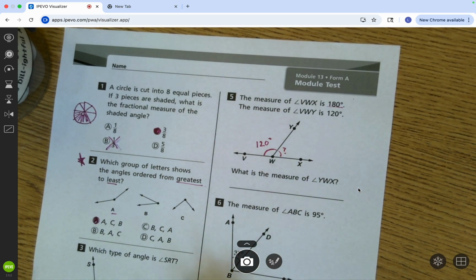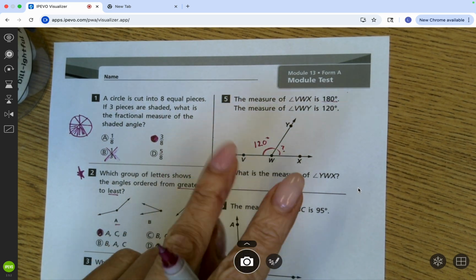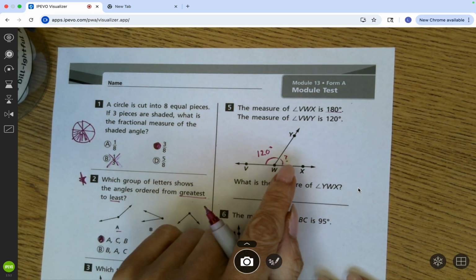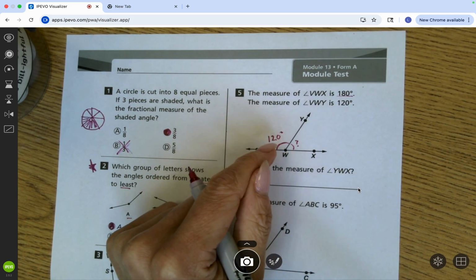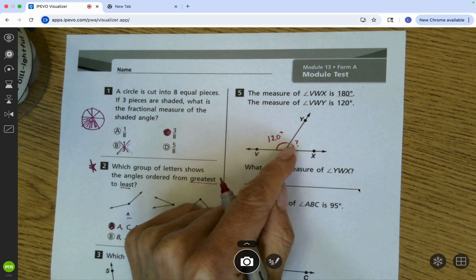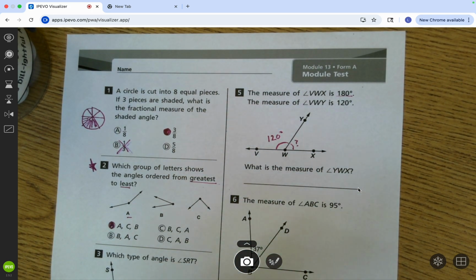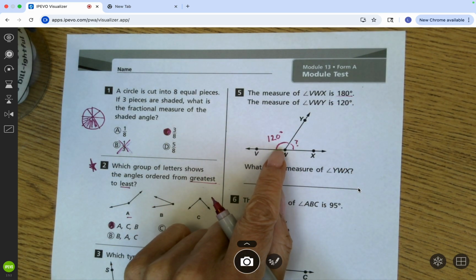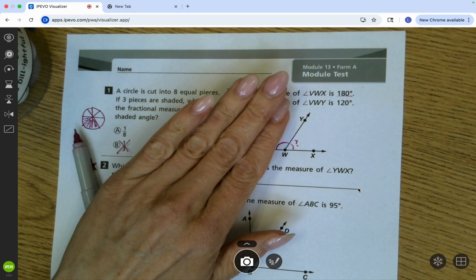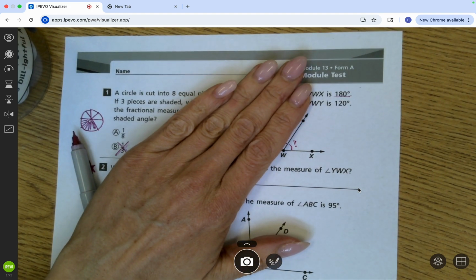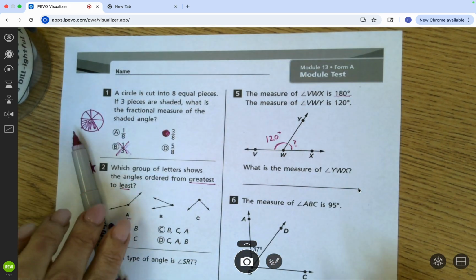Now, I know to find a missing angle when two numbers are given to me, I need to figure out, am I solving for a part or the whole? Here it gives me the whole 180, and I'm looking for this part. When I'm looking for the part, I'm going to have to subtract, right? I'm going to take the whole 180, and take away 120, because if I cover that 120, I'm left with the angle that I'm looking for.